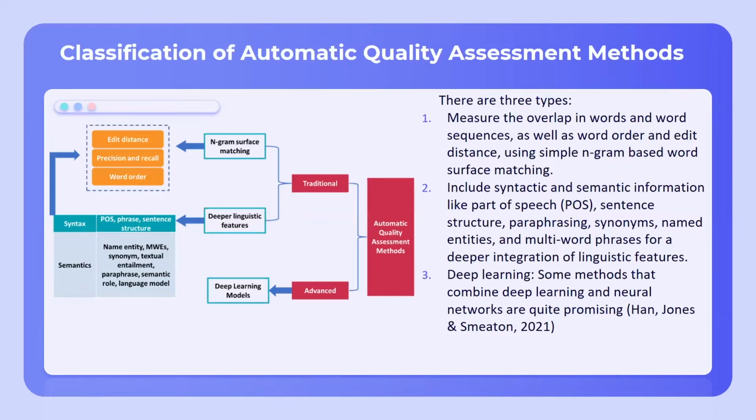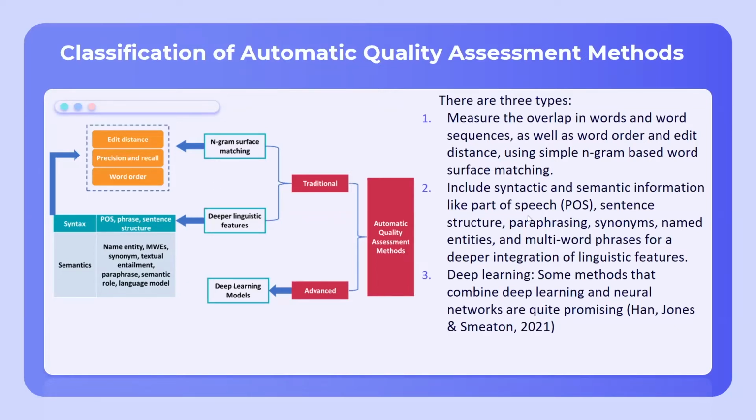The first type measures the overlap in words and word sequences, as well as word order and edit distance. They use simple n-gram-based word surface matching, as shown here, n-gram surface matching. It takes into consideration three factors: edit distance, precision and recall, and word order.